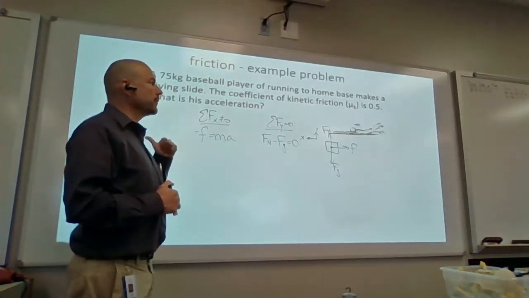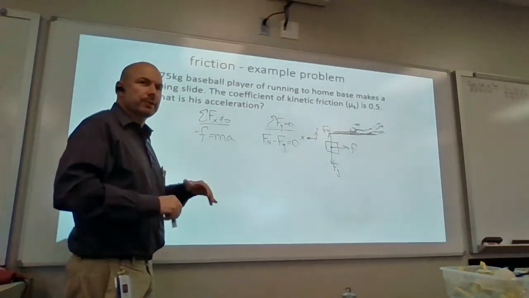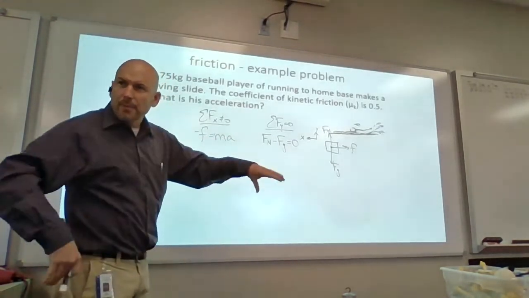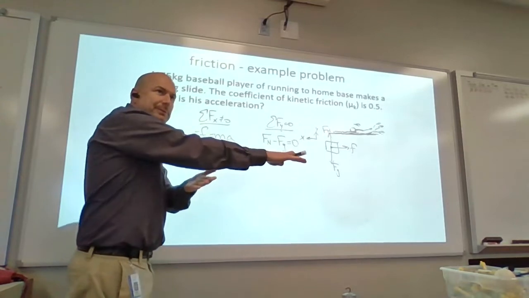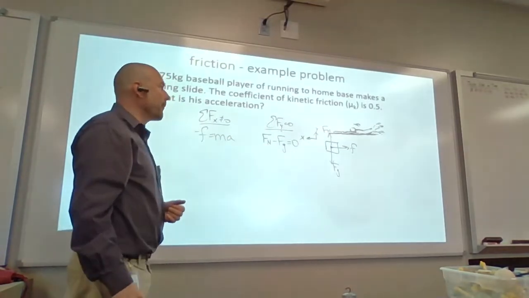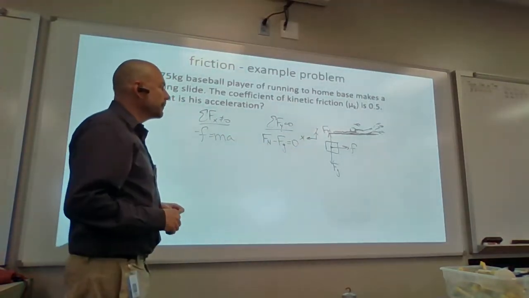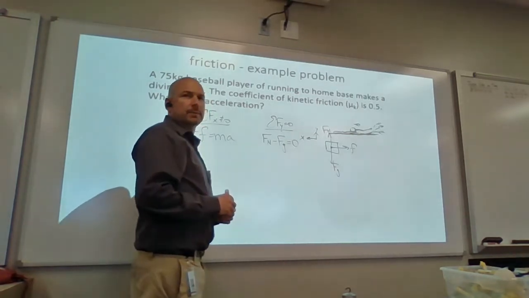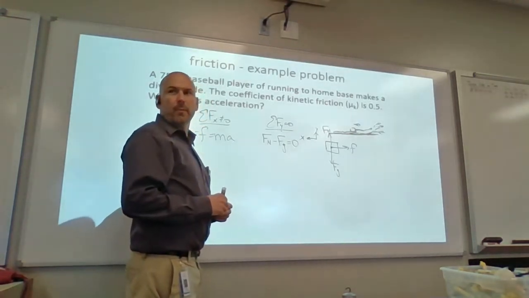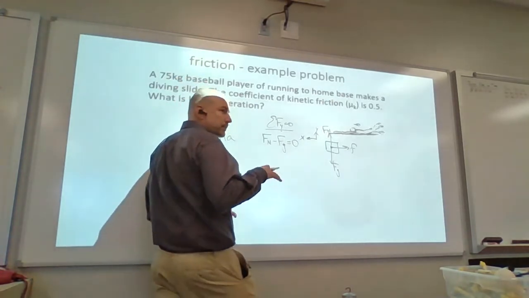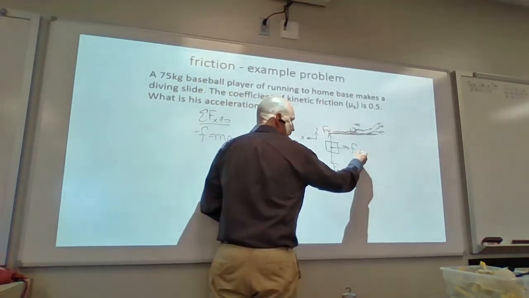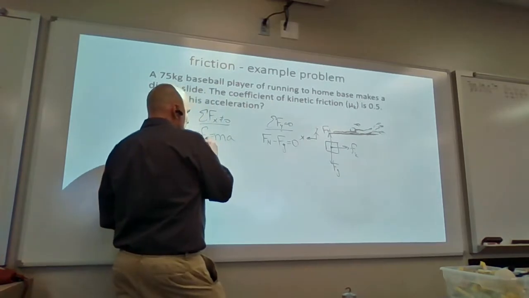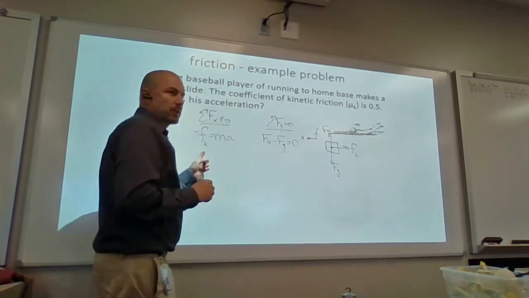So I suggest making the way it's moving positive. There is no applied force. He's not swimming on the ground. He's just sliding. He's already jumped. What type of friction is it? Is it going to be static or kinetic? Slipping, sliding, kinetic. So make this small modification there with the subscript.